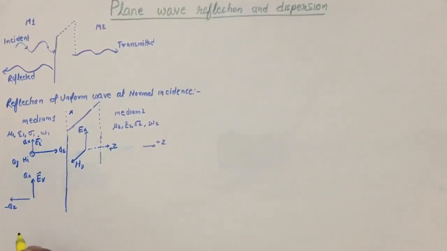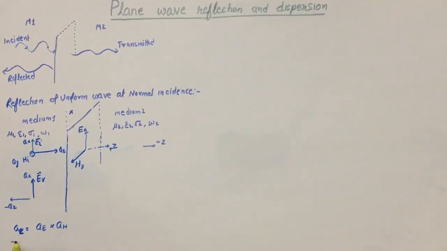Then following the cross rule, we know that direction az is equal to aE cross aH. If this direction is fixed and the propagation is minus, then it must be minus.